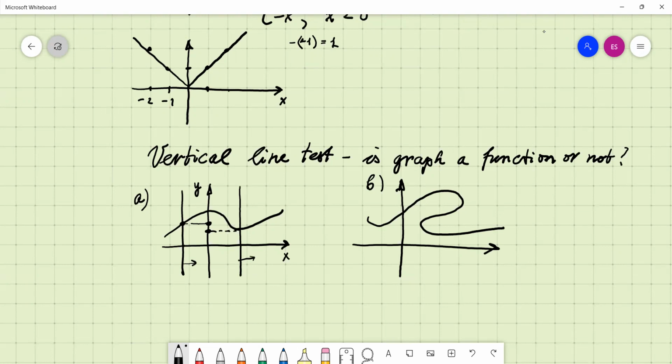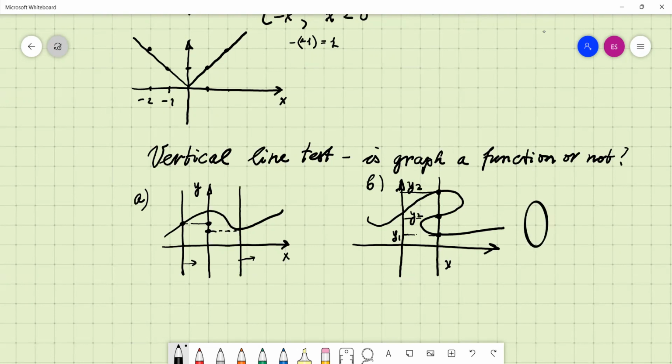What is going to happen here? Well, I'm not going to investigate what happens here. I'm going to investigate the interesting area over here. If I choose x over here, how many different y's am I going to have? Look how many times it intersects my graph. It's y1, y2, and y3. So 3 different y's.